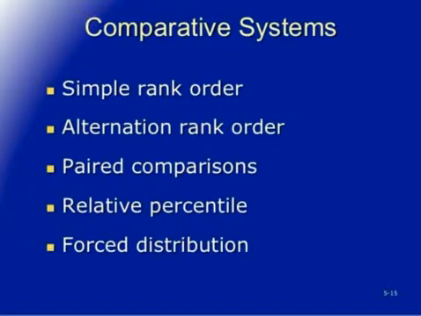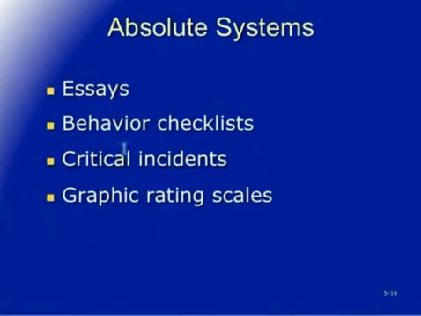again. So absolute systems: essays, behavior checklists, critical incidents, graphic rating scales. These have the tendency to be a bit more detailed than comparative systems. These don't simply rank employees in terms of their behaviors or in terms of their performance.